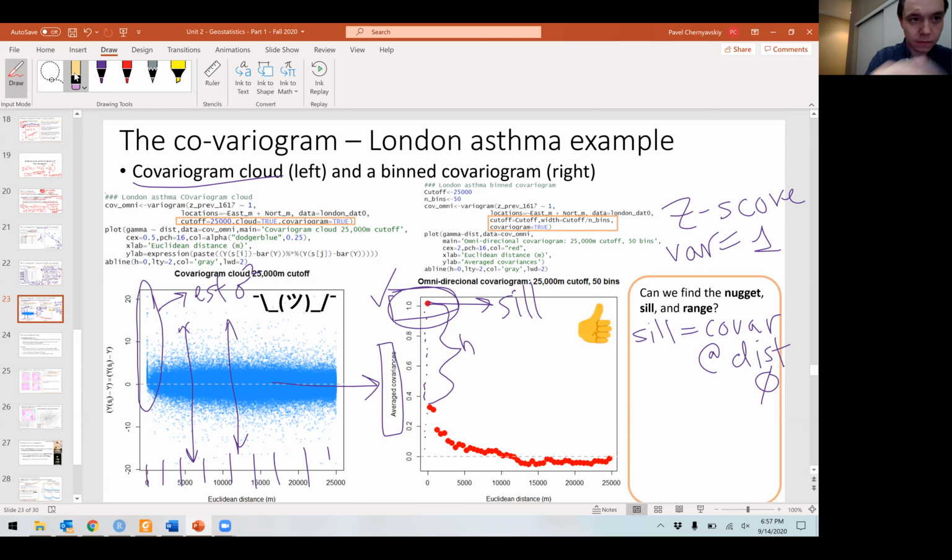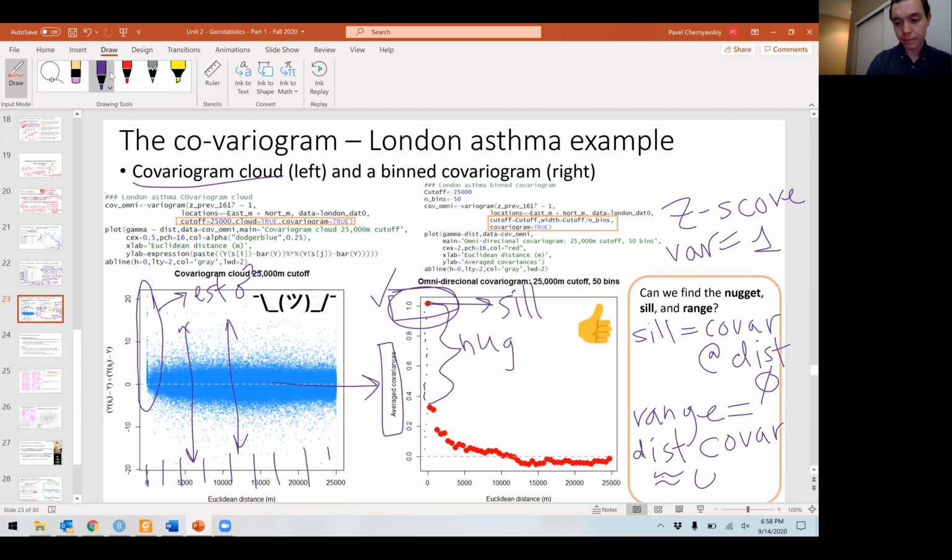And then the range is the distance where the covariogram goes to 0. We know that's the distance where data become independent, spatially uncorrelated. So the range is the distance where the covariogram goes to near 0.